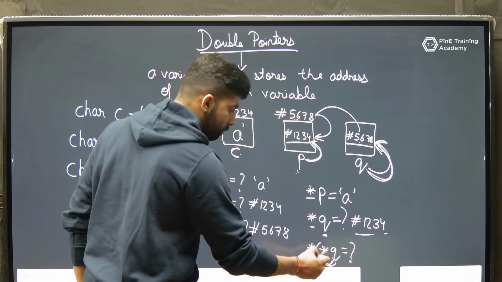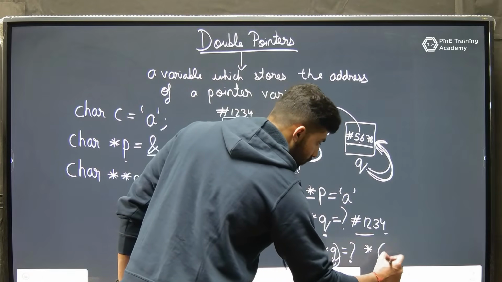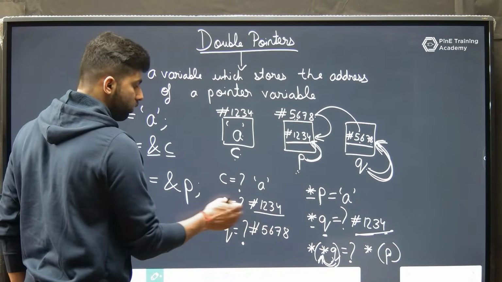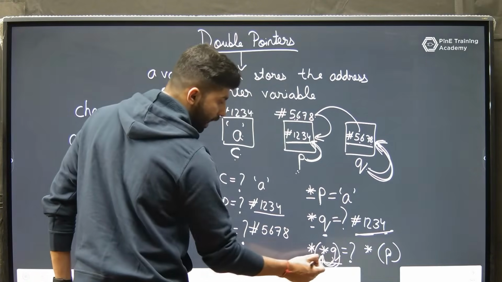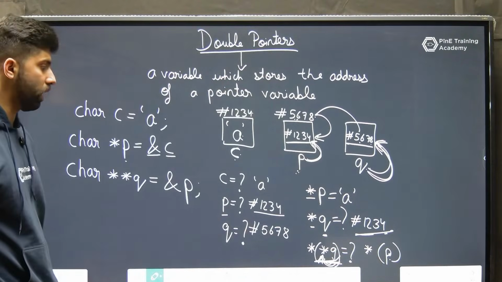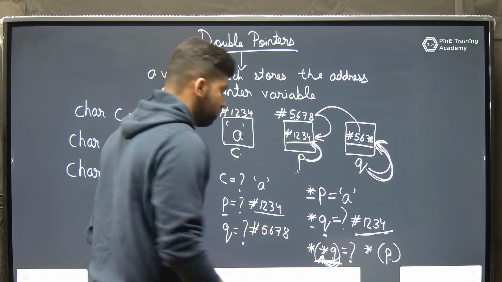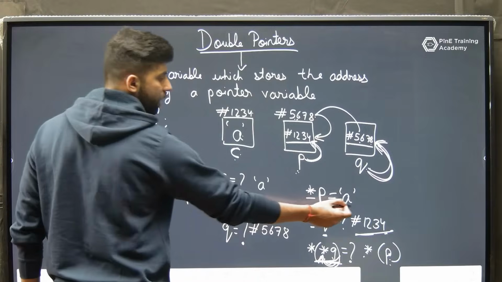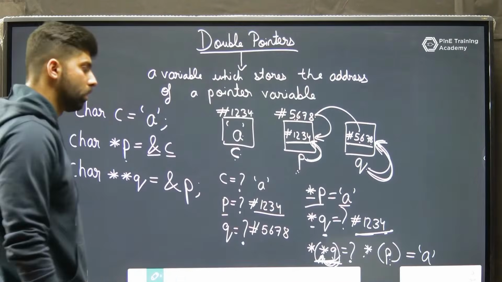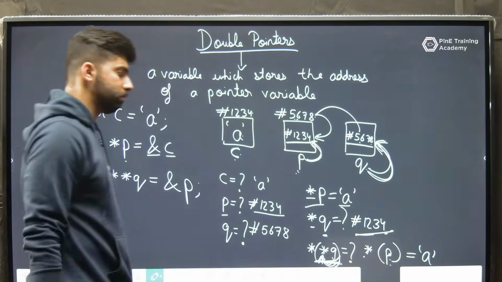Now this part is solved, so we can say asterisk of P, because 1234 is P. That means I can write star Q as P, and then again one asterisk is left. Now star P, we know star P is A, which means star star Q is equal to A.